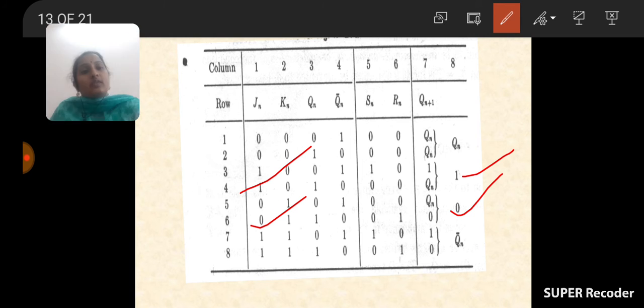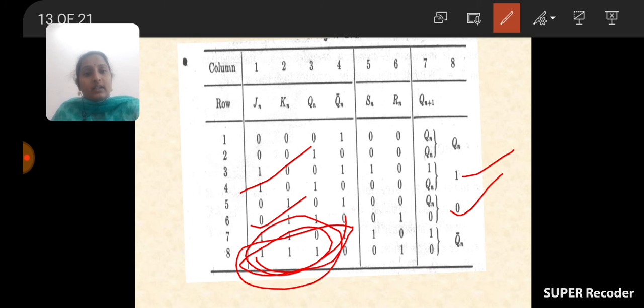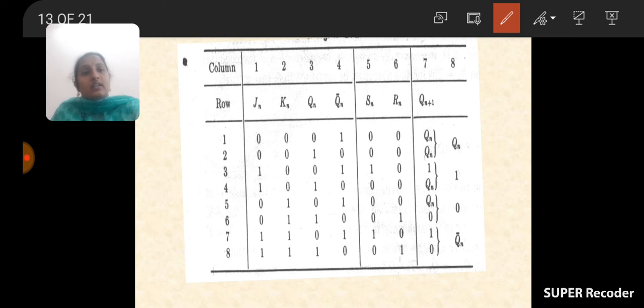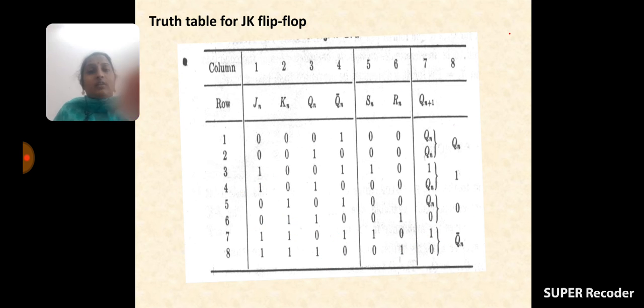If J is equal to 0, the output Q is equal to 0. If both are high, this is a special condition. The output toggles from 0 to 1 and 1 to 0. This condition is called the toggle condition.